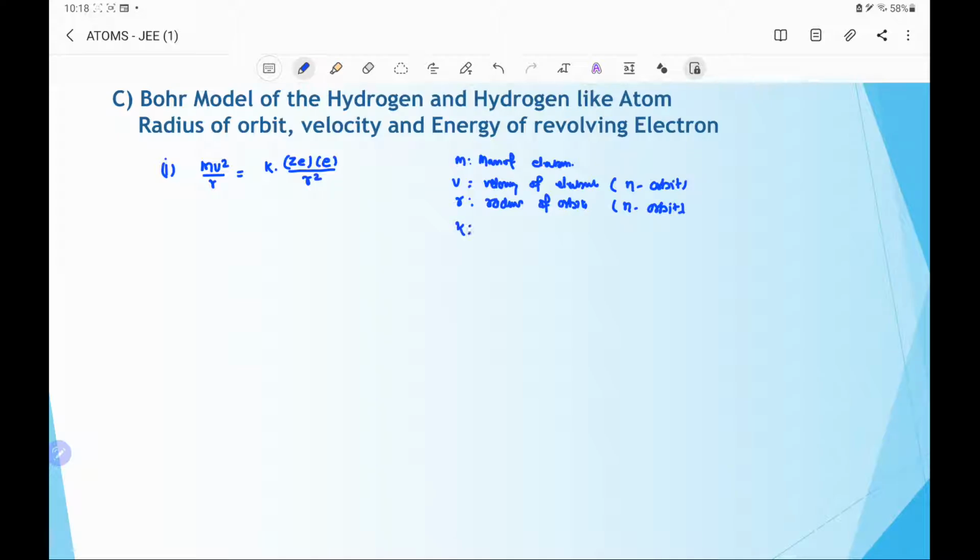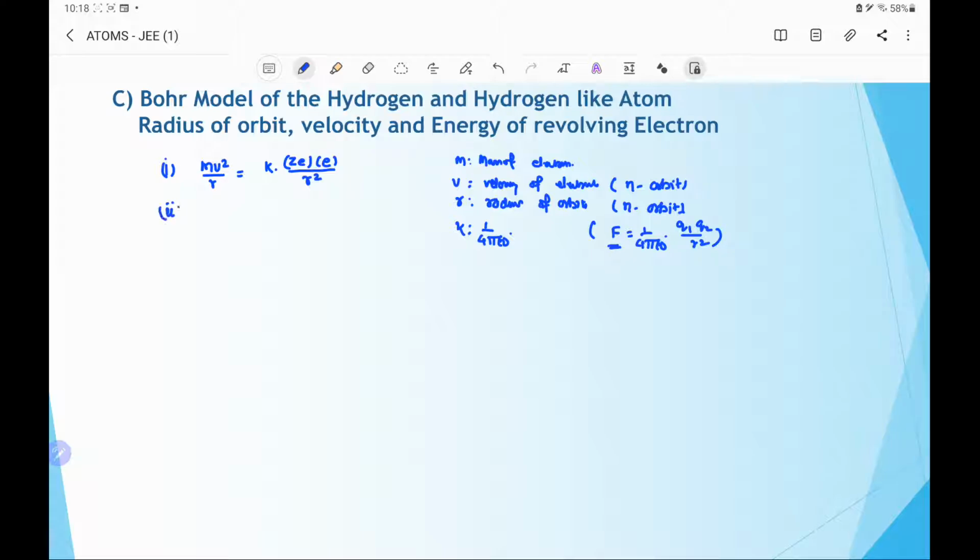K is the proportionality constant that has the value 1 by 4 pi epsilon naught as per Coulomb's law, which gives F equal to 1 by 4 pi epsilon naught q1 q2 by r square if the charges are separated by distance r, where F represents the Coulomb force.